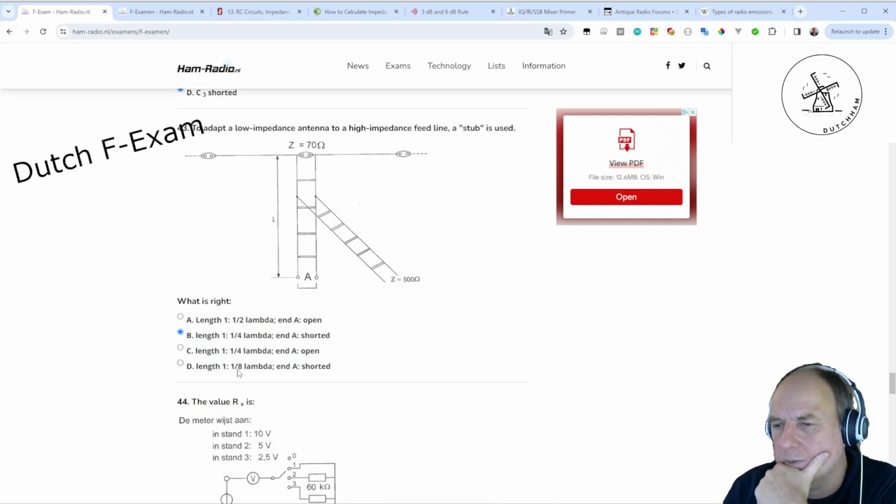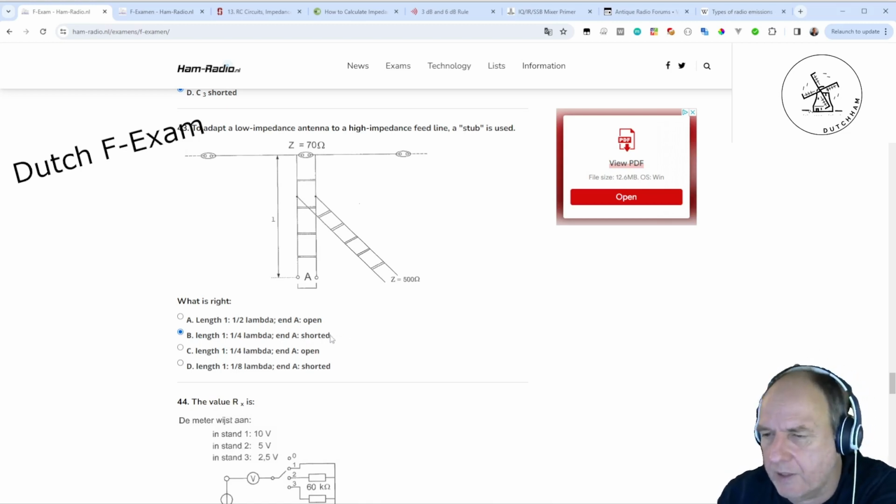I think an eighth will be too short. I started to doubt now. I stay with the answer, so quarter lambda and shorted.